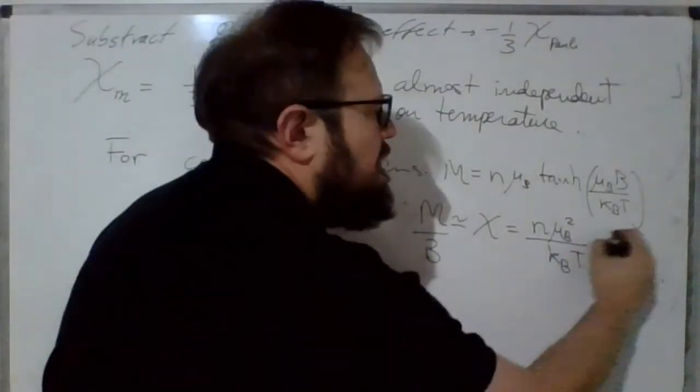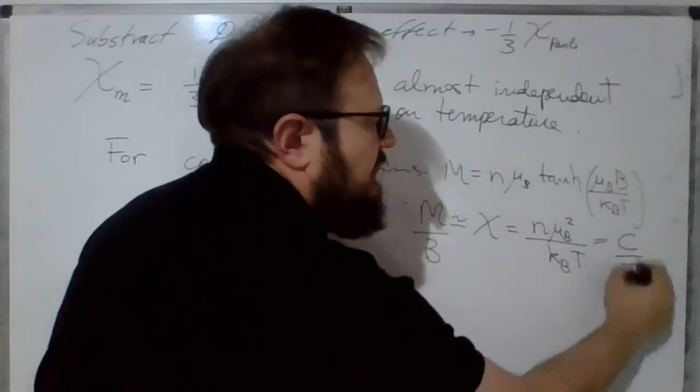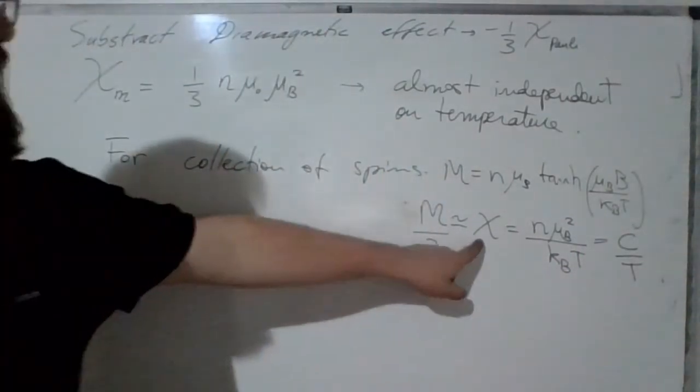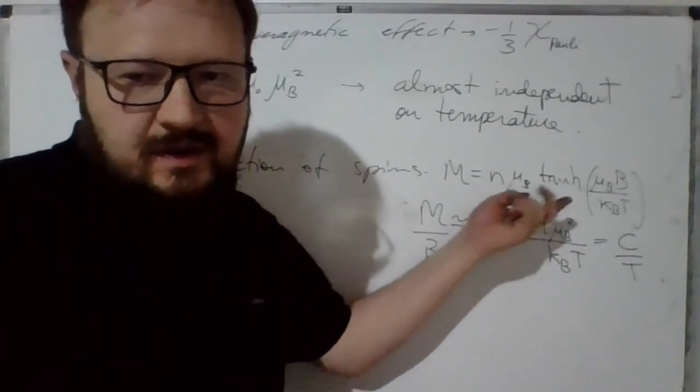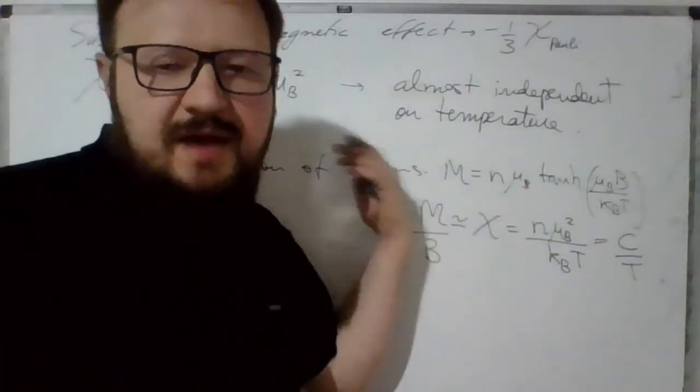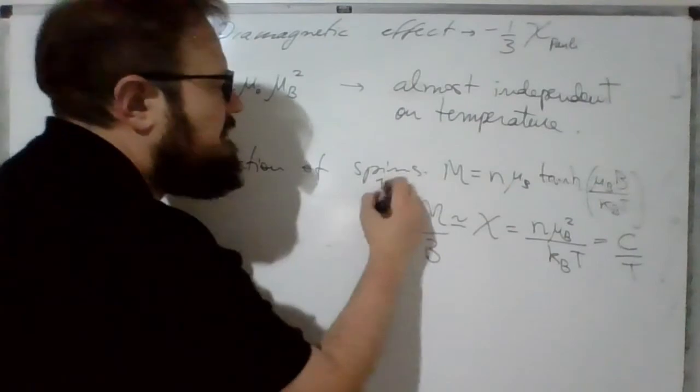So this is C, a constant, divided by temperature. This susceptibility here is the susceptibility of a collection of spin-1/2 particles, okay?